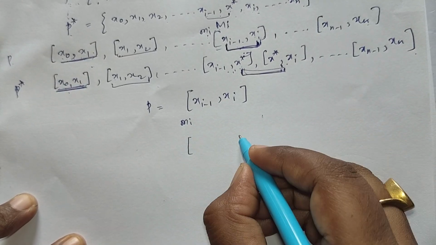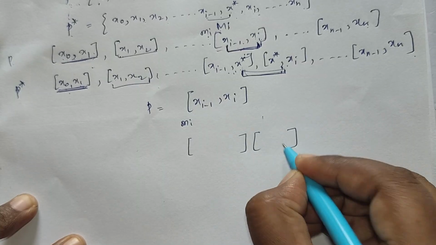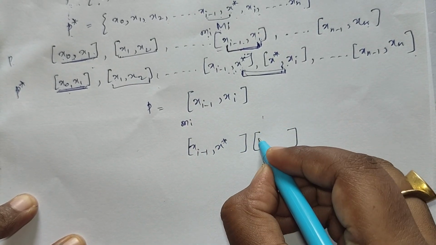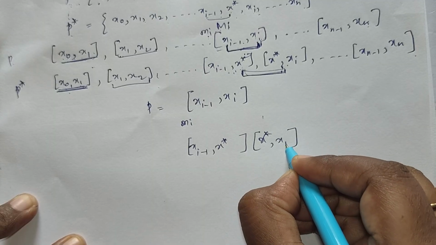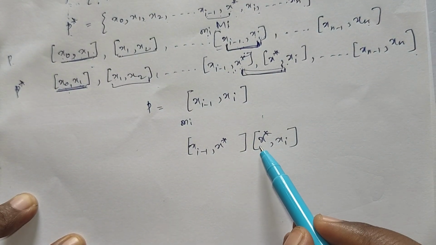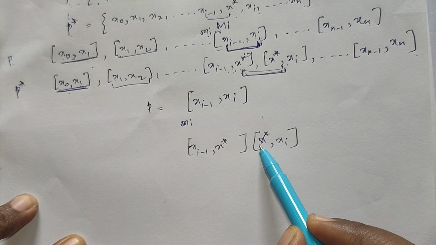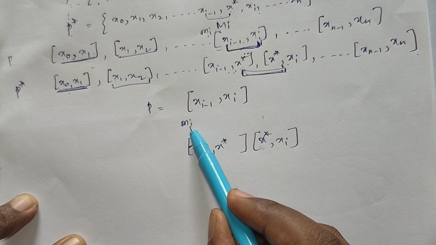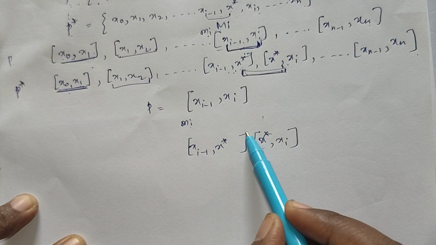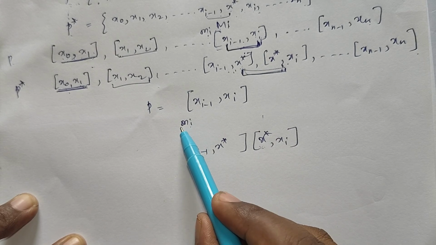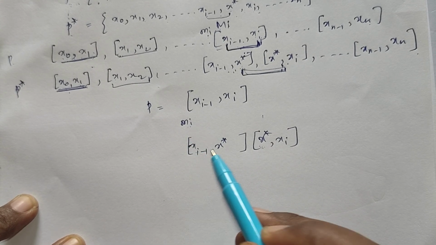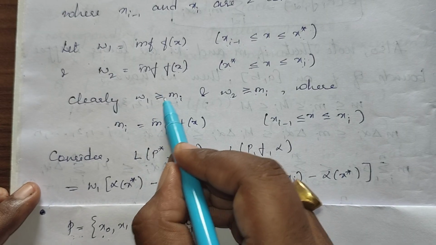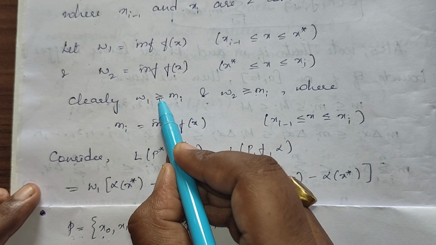And here this interval is split into two intervals, that is xi minus 1 comma x star and x star comma xi. Obviously this infimum of this interval will be greater than or equal to this one. And similarly, this may be at least equal to this. So I have used both inequality and equality.